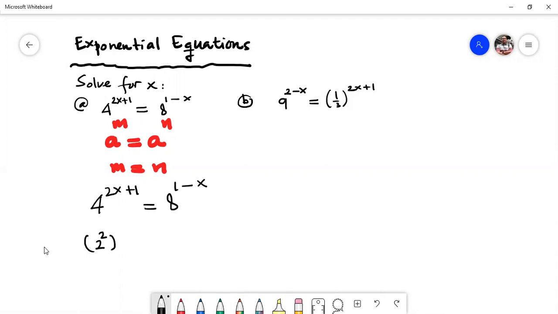Put it first into bracket, and then outside the bracket we have the power, which is 2x plus 1, equals 8 itself, which is 2 to the power of 3. Again, put it into the bracket first, and then outside of the bracket we have 1 minus x.